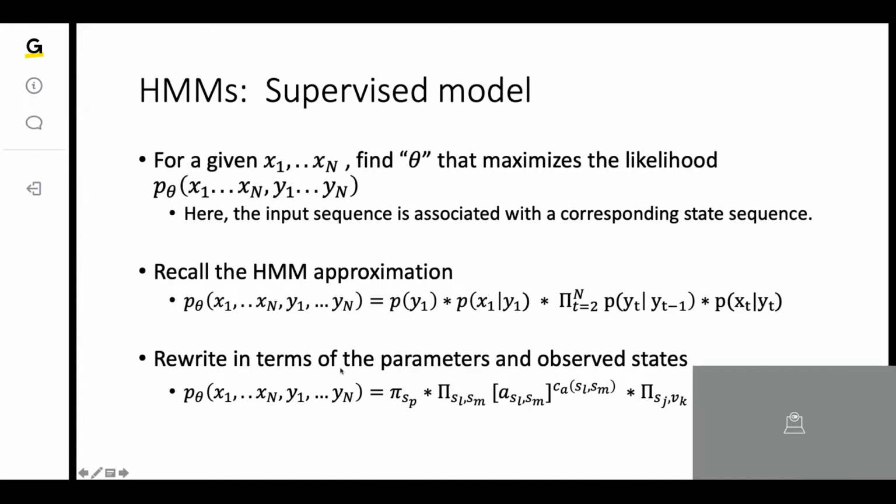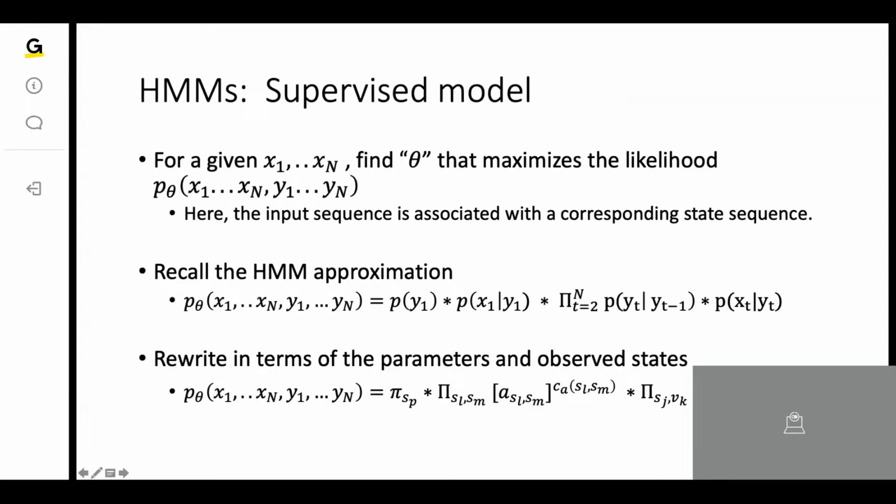These are the initial probabilities, and p of y_t given y_t minus 1 is the transition probability, represented as a_{sl,sm}, which indicates the state transition from sl to sm, and c(sl,sm) indicates the number of transitions from state sl to sm.